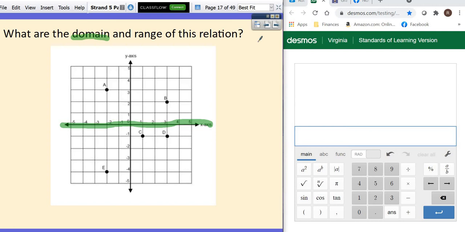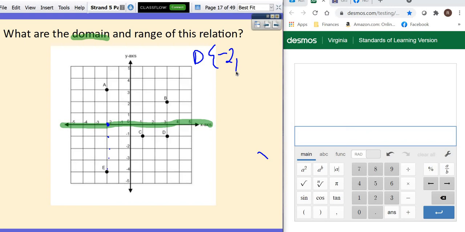I start from the left, and if you look at E and you go all the way up to the x value, it's right here at -2. The same for A. So that means for my domain, the first thing I'm going to write down is -2.